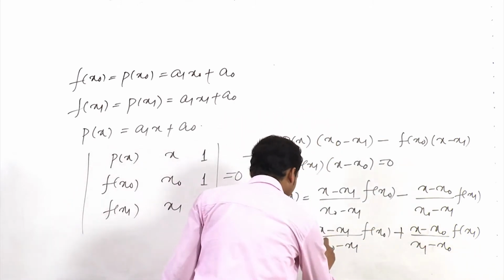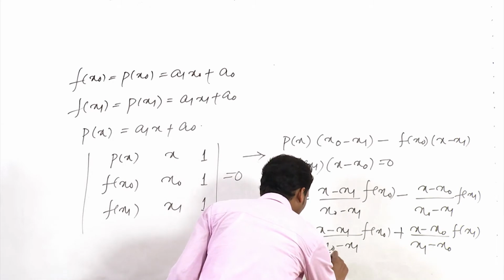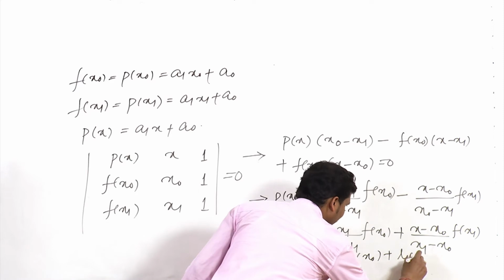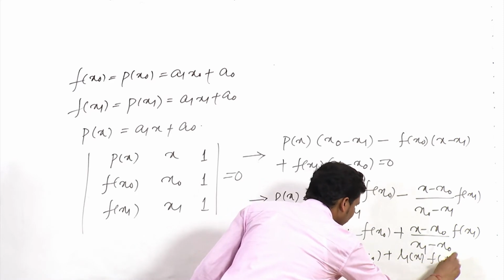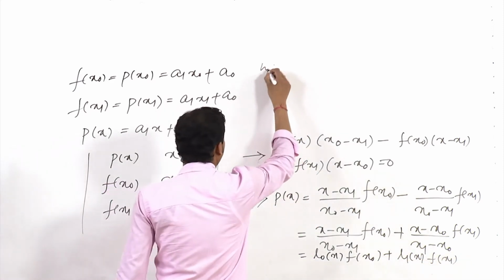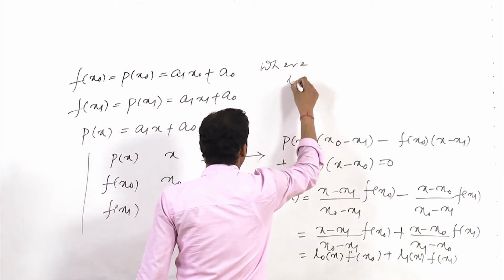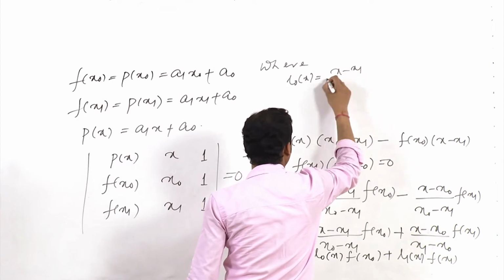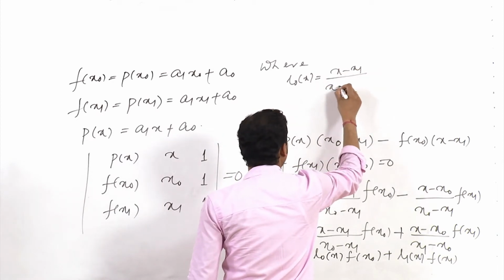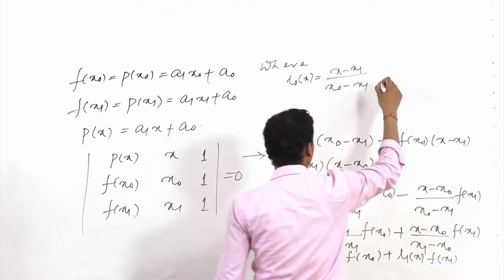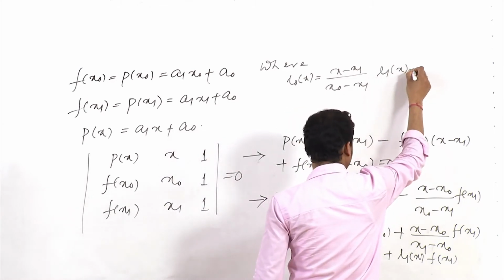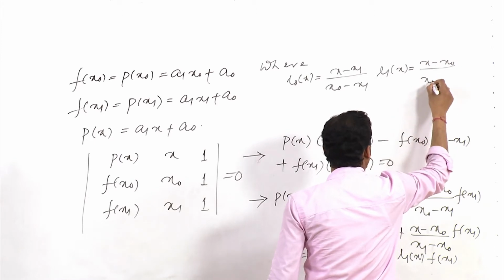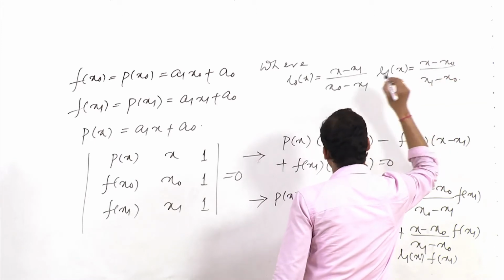So that can be written in the form of x minus x0 by x1 minus x0 into f of x1, where I can write this as L0 of x f of x0 plus L1 of x f of x1 here, where L0x equals x minus x1 divided by x0 minus x1, and L1x can be written as x minus x0 by x1 minus x0 here.